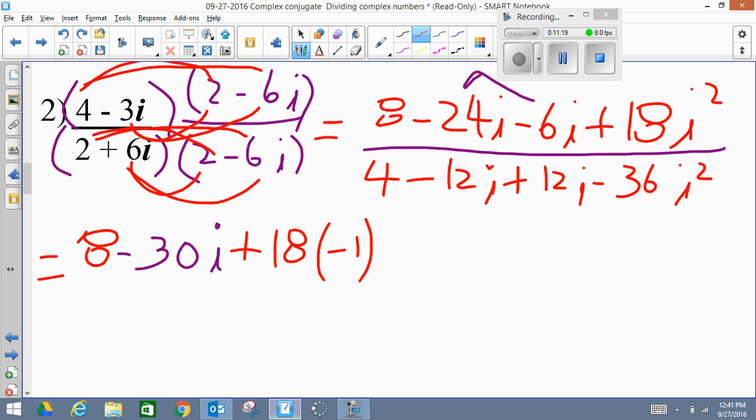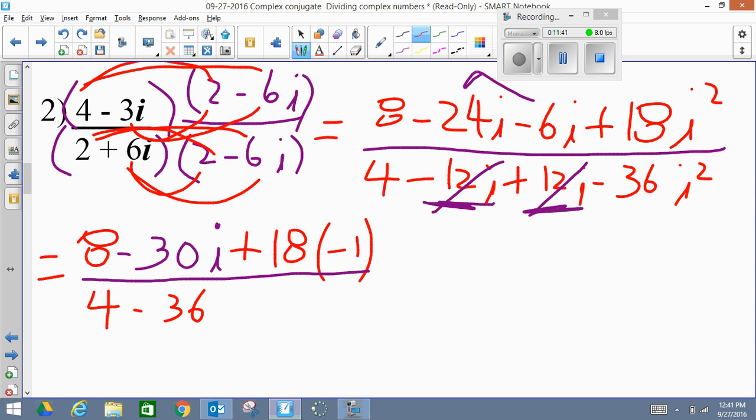Now at the bottom, the denominator: 4. Look at the negative 12i plus 12i. They cancel out. You see, that's the reason I multiply by the conjugate, to cancel the i's. What's left is negative 36i squared. Instead of the i squared, negative 1. Now it's just a matter of doing some math.